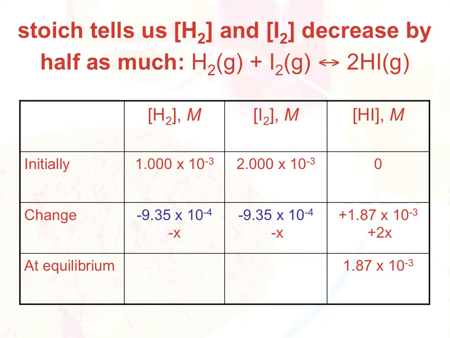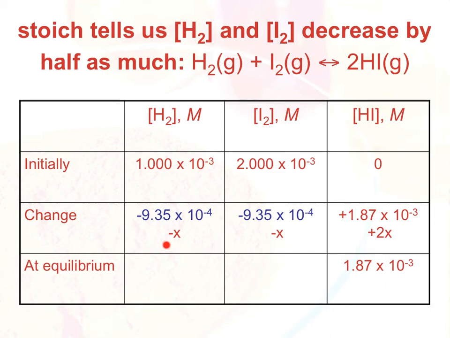Based on the stoichiometry here, the quantity that we have is equal to 2x, because the quantity of HI is going to be double whatever the I2 and H2 are respectively. So if the 1.87 times 10 to the negative third is 2x, the values that we have for I2 and H2 are going to be x and x respectively.